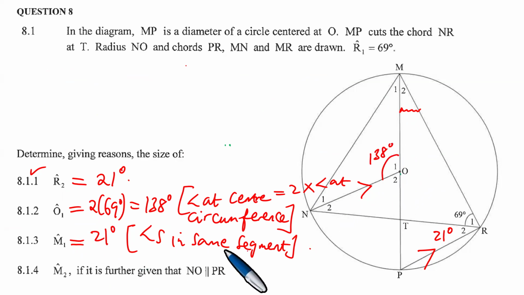The angle M1 is 21 degrees, so you can put 21 degrees here. That's what we got, and we're just interested in finding the size of the angle M2.